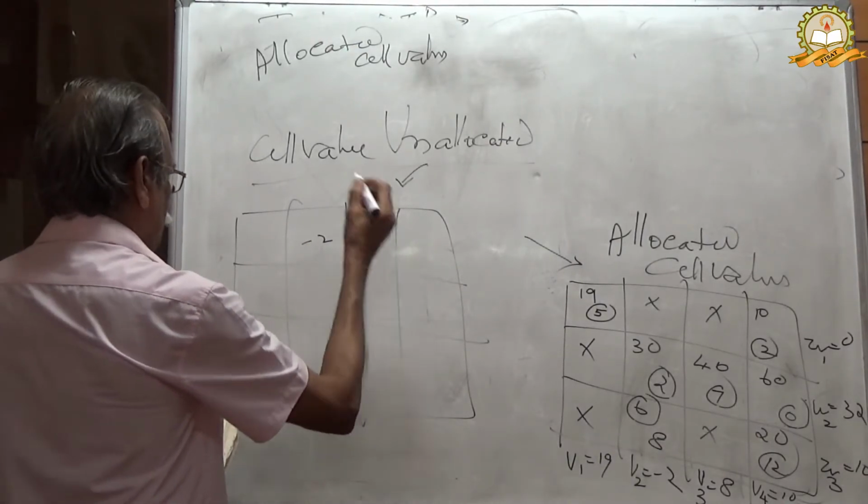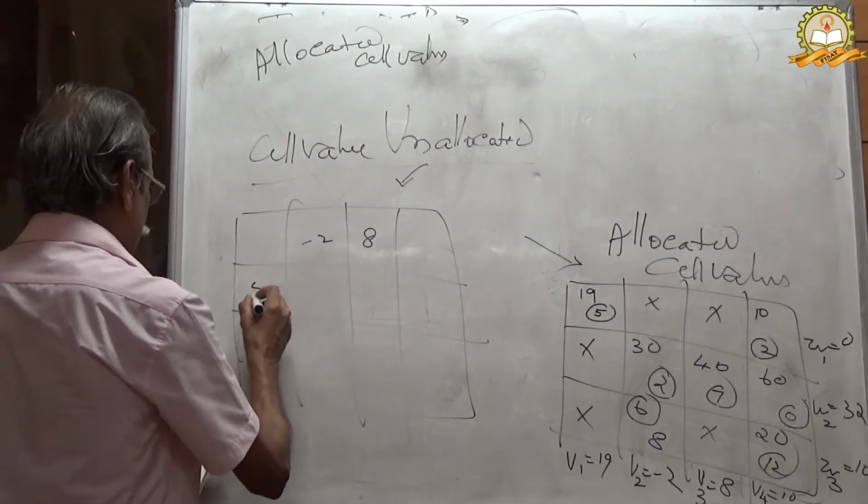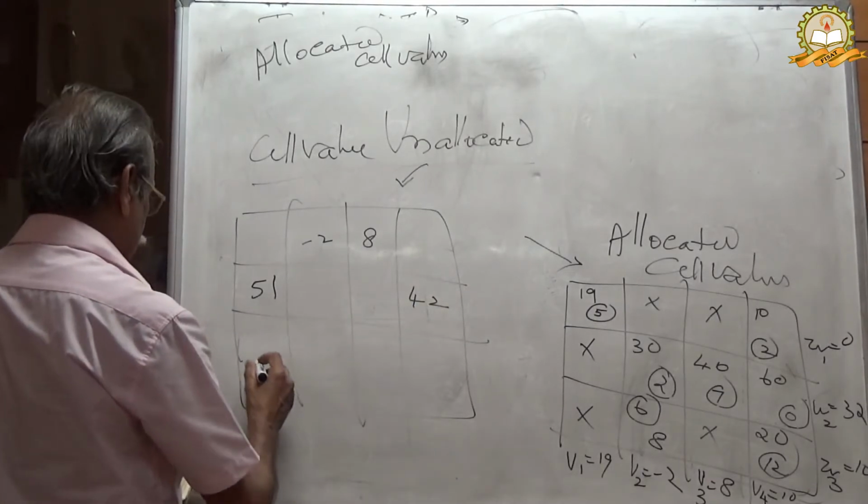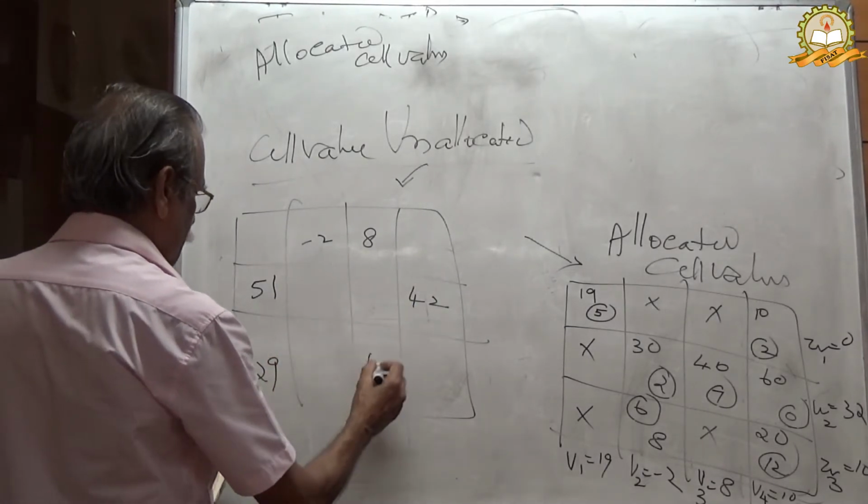This will come to 8. This will come to 51. This will come to 42. This will come to 29. This will come to 18.